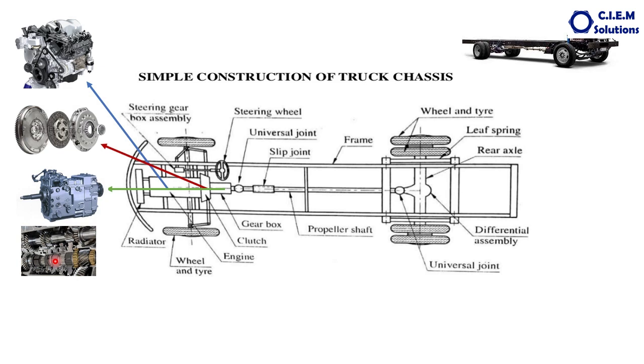Means if you want to move the vehicle from rest position, it requires lot of amount of torque to move a vehicle from the rest position. Once it started moving, the amount of the torque requirement will come down. So to move the vehicle from the rest position, you need the high torque.